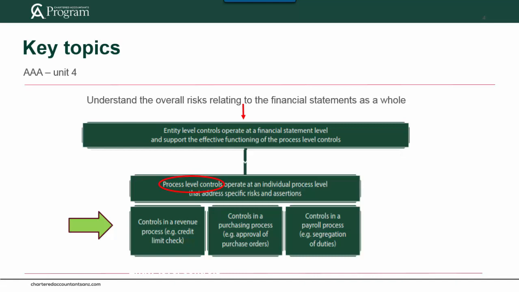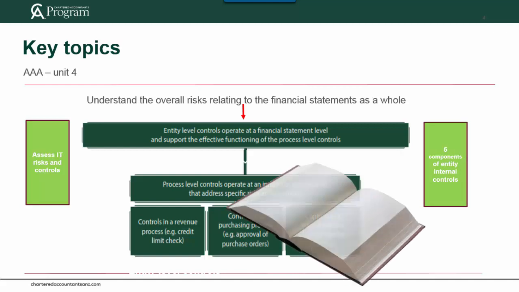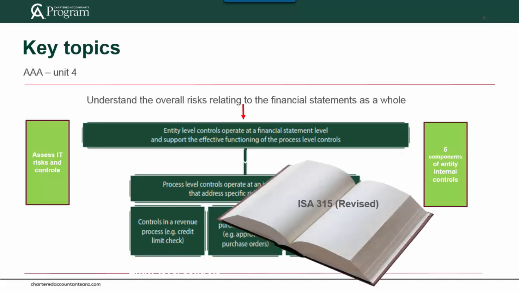As we obtain an understanding of the entity level and process level controls, we cannot do this in isolation of obtaining an understanding of IT and assessing IT risks and controls, and ensuring the 5 components of internal control are addressed as required by ISA 315 revised.